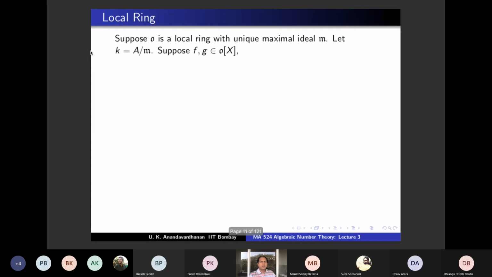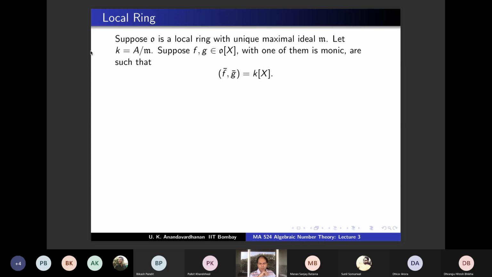So it's a field. And suppose you take two polynomials, f and g, with coefficients from this local ring. Assume one of them is monic. Let us say f is monic. And suppose it is given to you that, so what is the notation f bar?